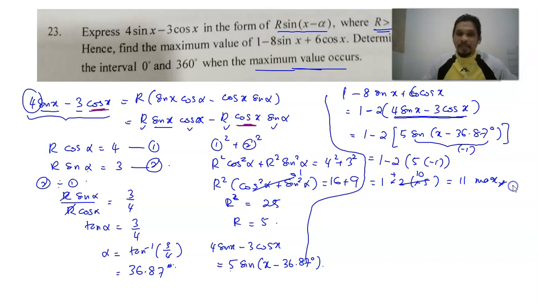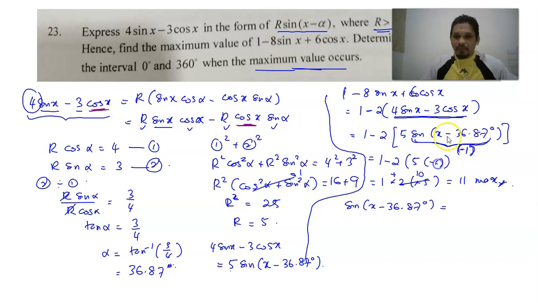Maximum. Now just imagine that sine of (x minus 36.87 degrees) equal to negative 1.